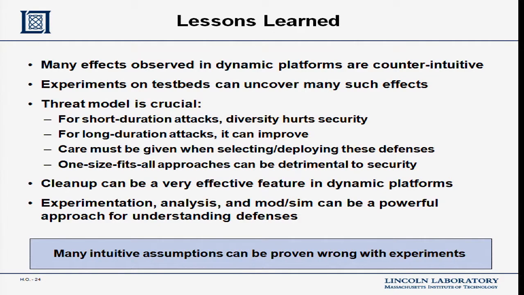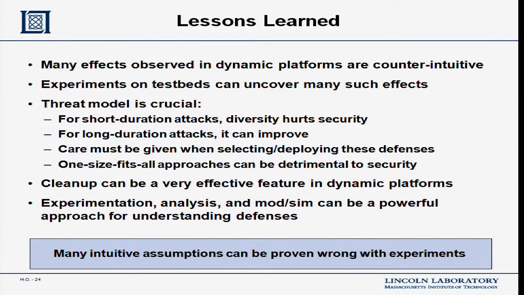Moreover, threat models are crucial in deploying pretty much any security defense, and that is also the case for dynamic platforms, because for short duration attacks, things like diversity can hurt security, whereas for longer duration attacks, it can actually be helpful. So we have to be mindful of what the threat model is, what types of attacks we are worried about when we are deploying these techniques.